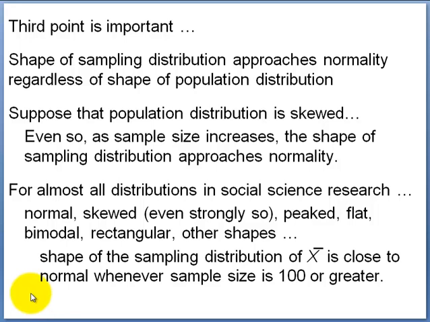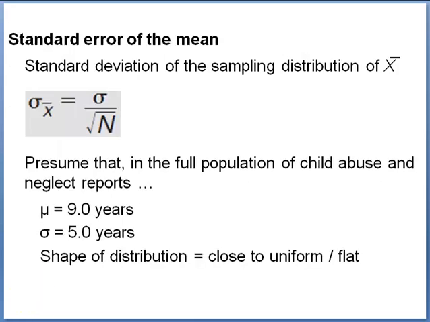But this provides a good pragmatic way for us to move forward. So for our purposes, whenever sample size is 100 or greater, the shape of the sampling distribution is going to be close to normal, regardless of the shape of the distribution in the population from which the samples are selected.